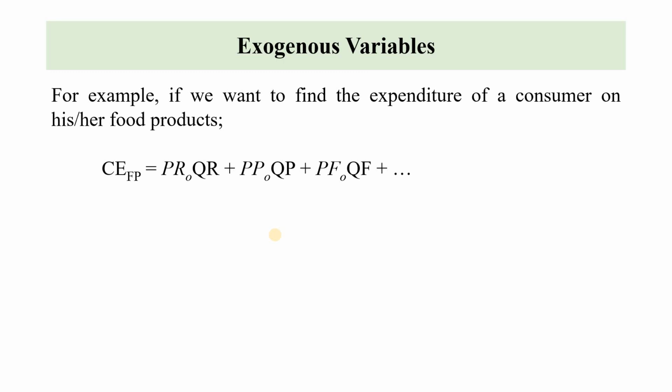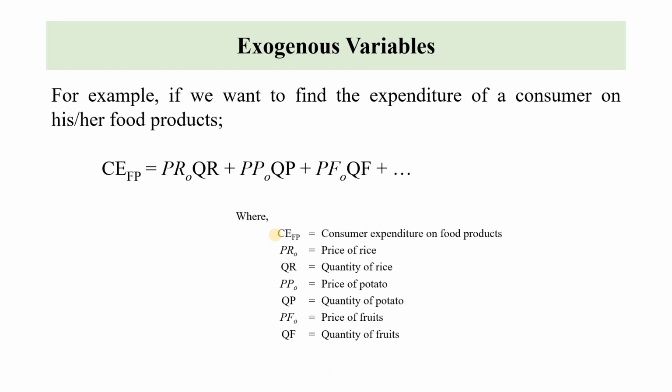For example, if we want to find the expenditure of a consumer on his or her food products, let's see the equation CEFP, which indicates consumer expenditure on food products, PR naught, price of rice, QR, quantity of rice, plus PP naught, price of potato, and QP naught, quantity of potato, and finally PF naught, price of fruits, QF, quantity of fruits.